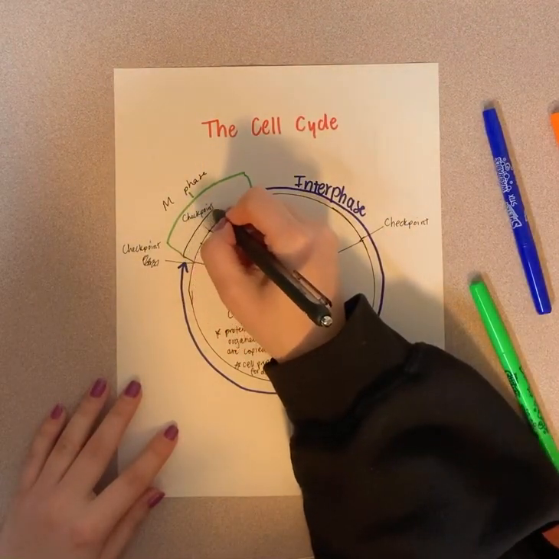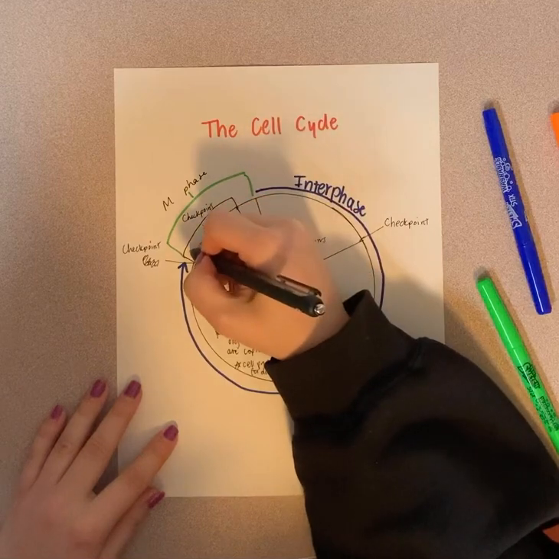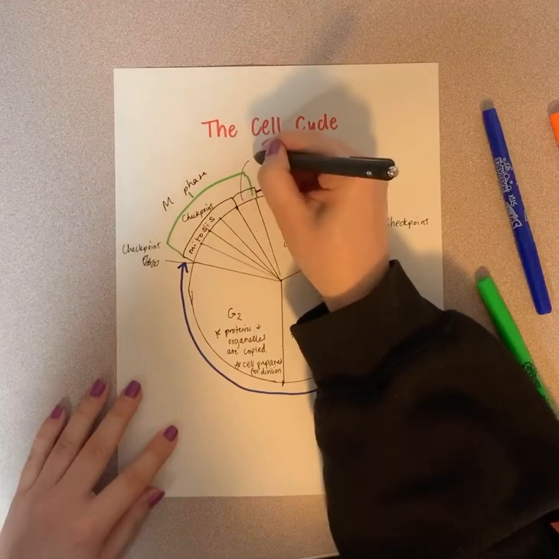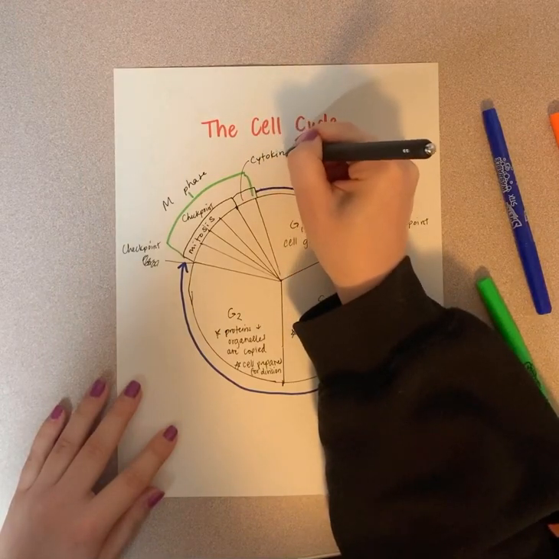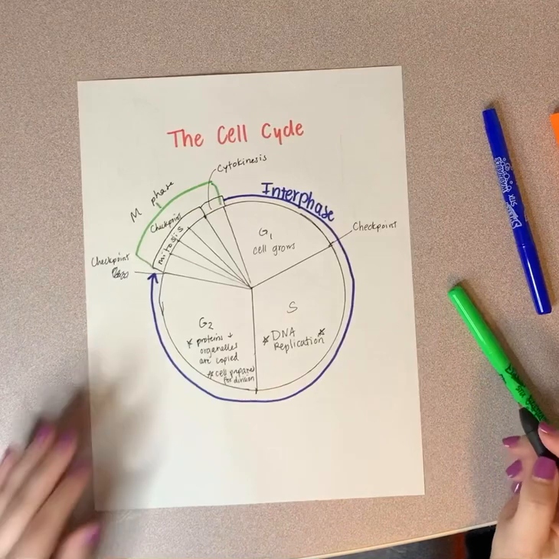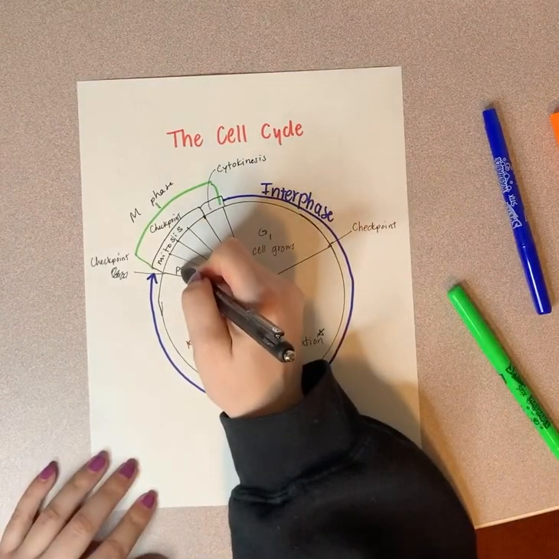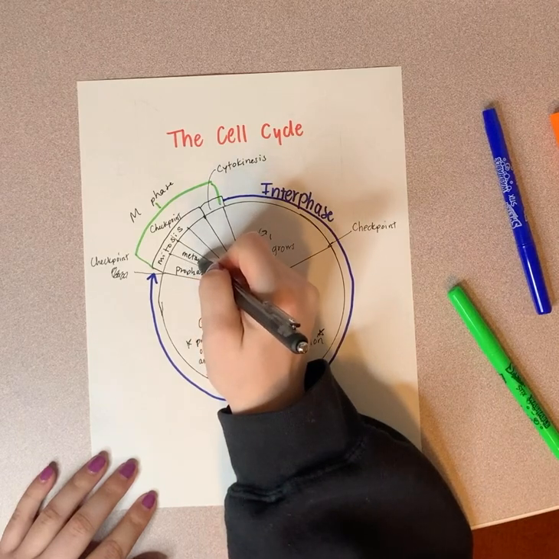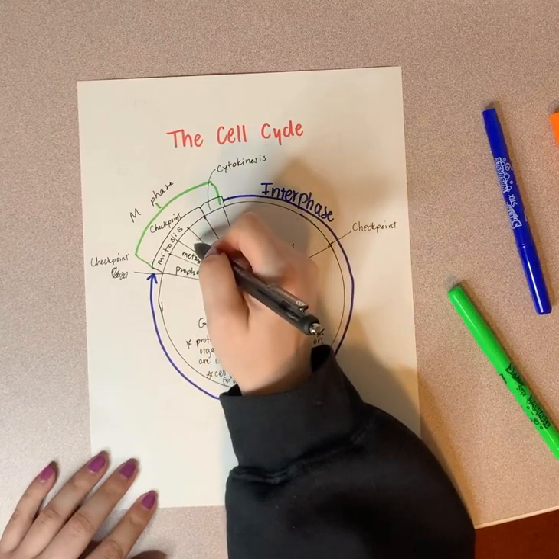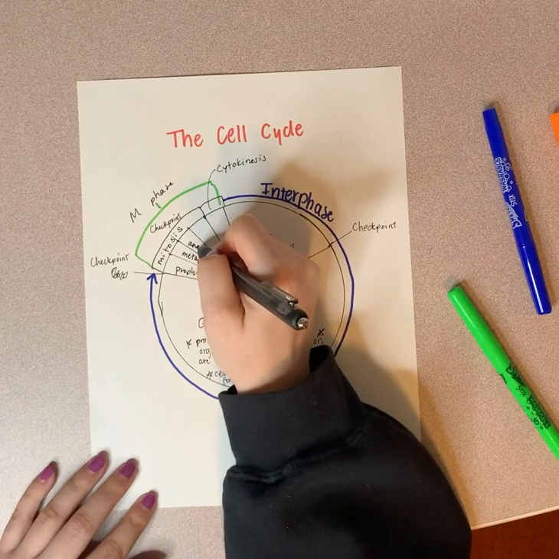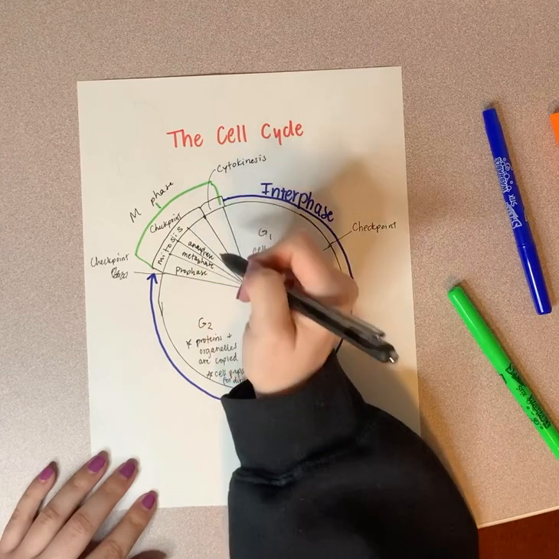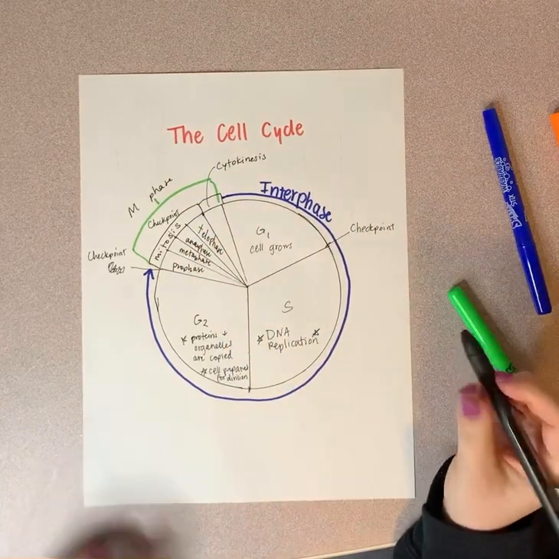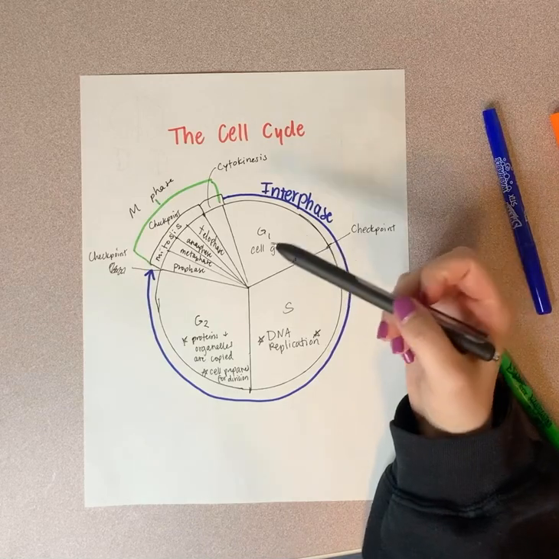These 4 parts here are called mitosis, and this part right here is called cytokinesis. Okay, so the first part of mitosis is prophase, the second is metaphase, the third is anaphase, the fourth is telophase. And you'll learn more about these as we go on. For right now, just know that there are 4 parts of mitosis.